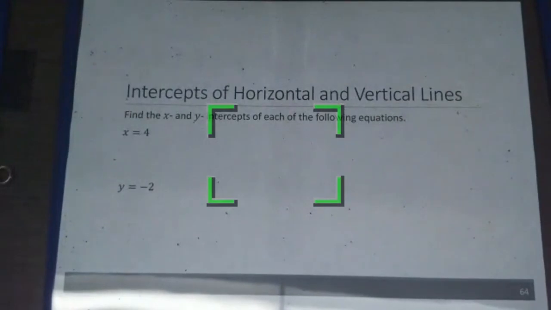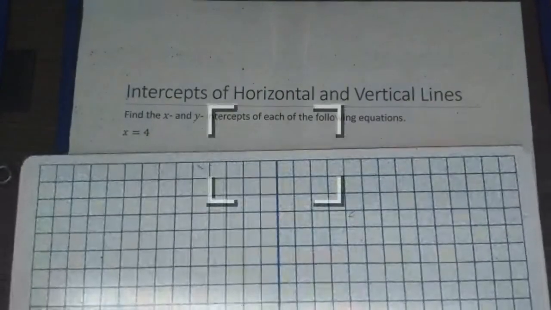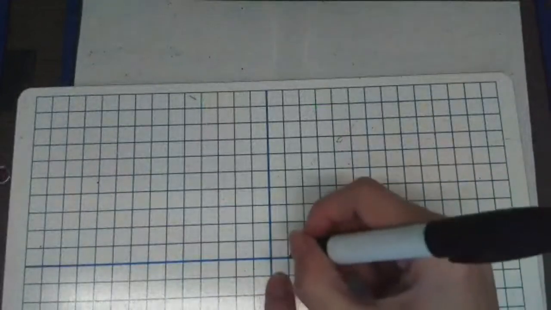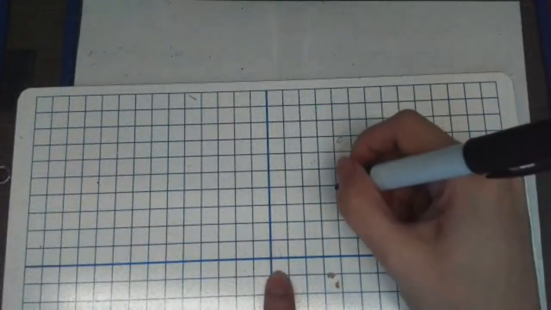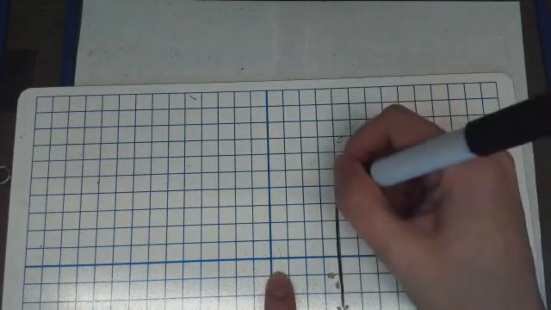Now we're going to see if we can kind of put some of these ideas together. We want to find the x and y intercepts for these equations. First up, we have x equals 4. And I think what's going to help us most is looking at a graph. X equals 4 is a vertical line that goes through an x value of 4. So 1, 2, 3, 4. It's this vertical line.